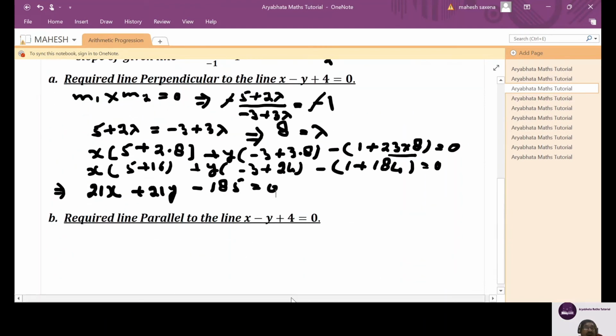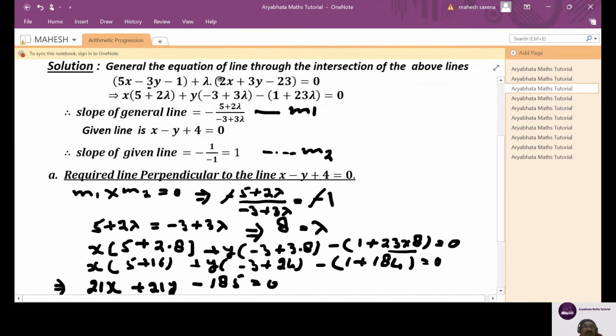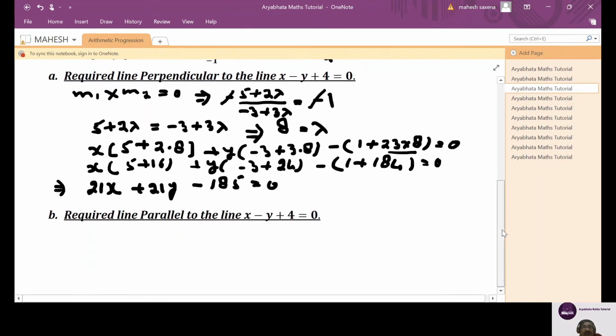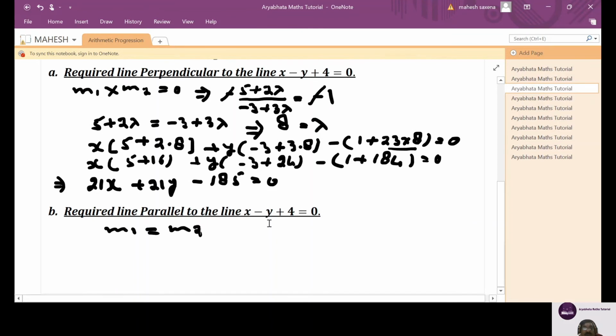Now we come to the second part, the required line parallel to the given line. In this case, this line is parallel to the given line, therefore m1 should equal m2. That is, −(5 + 2λ)/(−3 + 3λ) = 1.